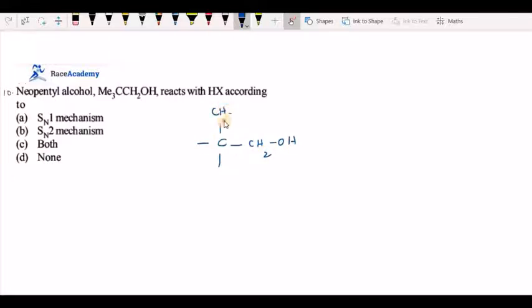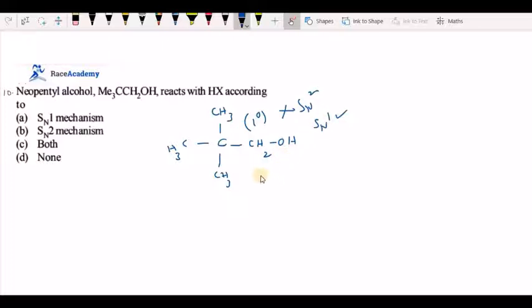So this is neopentyl alcohol. Even though it is a primary alcohol, it is not said to undergo SN2 reaction. It is said to undergo SN1 reaction only.